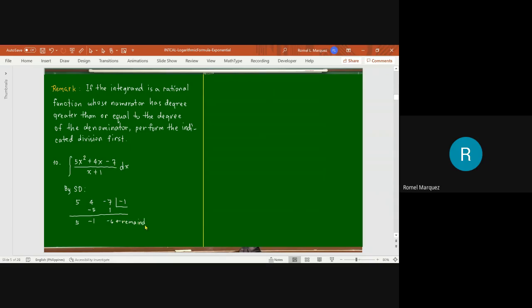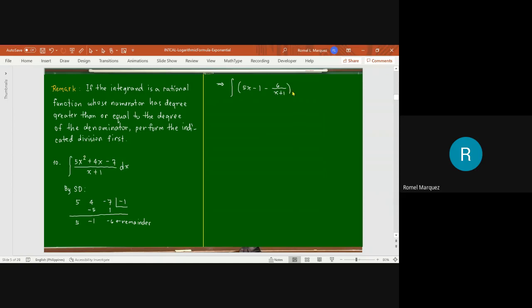Yan, remainder. So what is now the answer? So the integral can now be expressed in the form of 5x minus 1. Then plus the remainder. Anong remainder? -6. Then over the divisor, x plus 1.